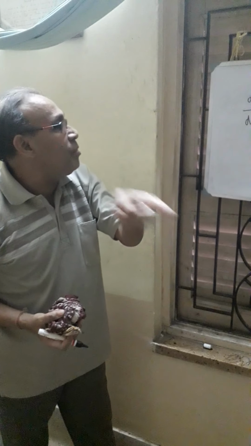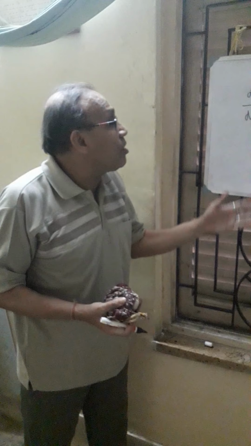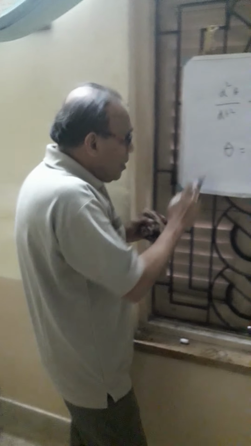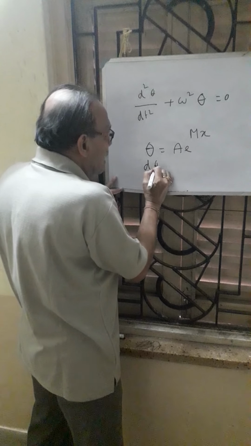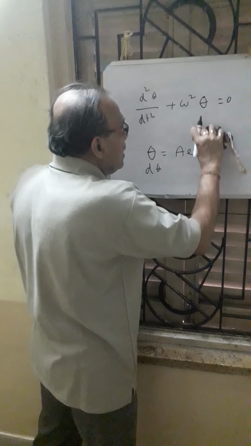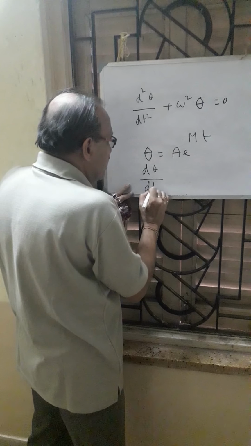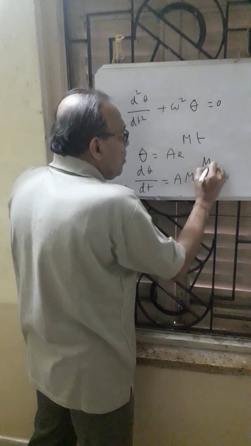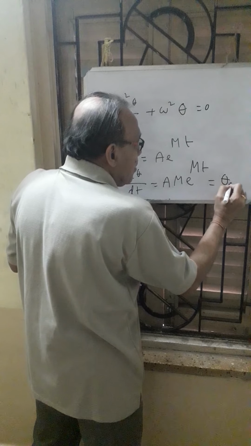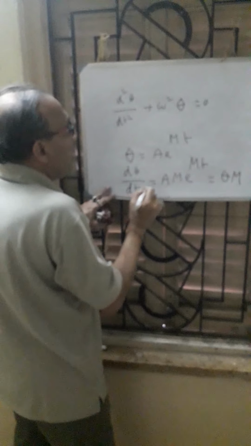And nonlinear means I can go to theta square, theta cube, theta 5, and our method will at once fail. If you do it, I need not do the differentiation, still I do d theta. I am taking here t as the variable, therefore d theta dt is simply a m e to the power mt, and this is theta m. I do again.